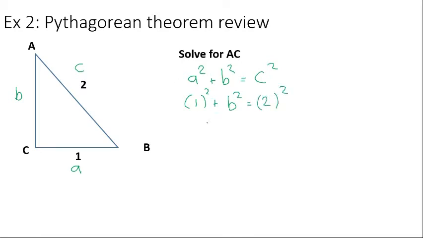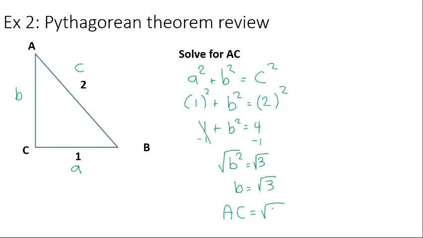So 1 squared is 1 plus B squared equals 2 squared, which is 4. So I'm just going to subtract 1. These eliminate. I get B squared equals 4 minus 1 is 3. Take the square root of it. So I get B equals square root of 3, or actually, side AC is equal to the square root of 3.